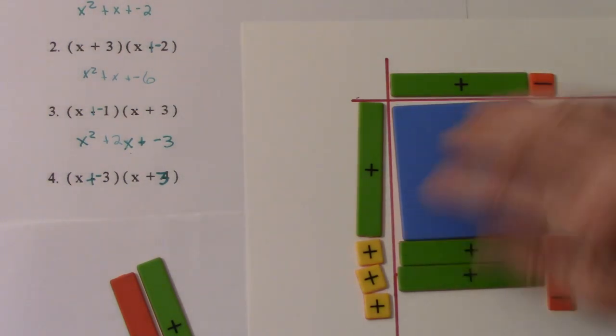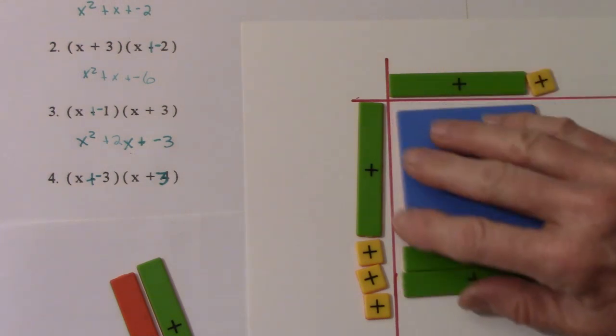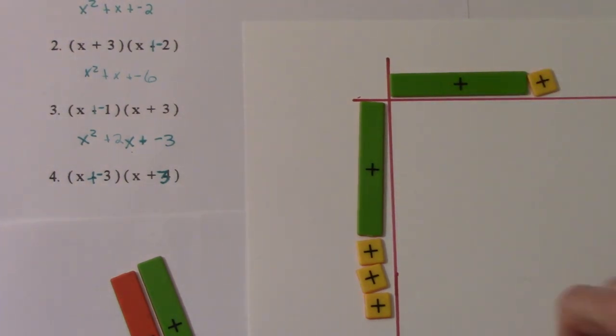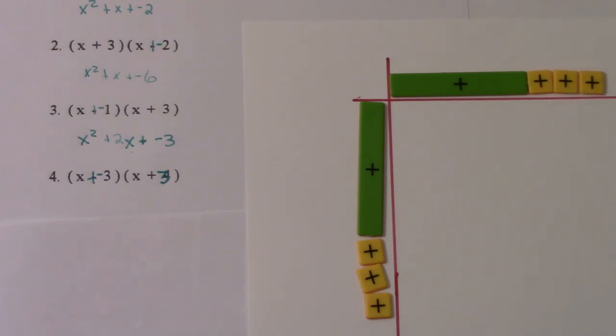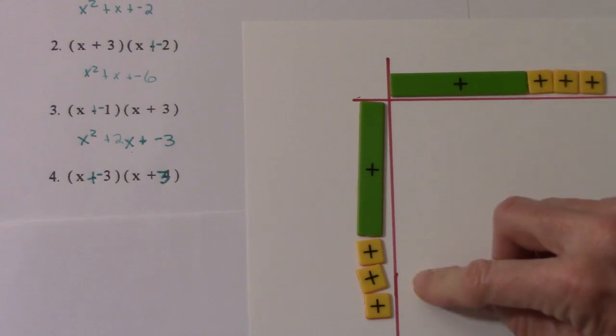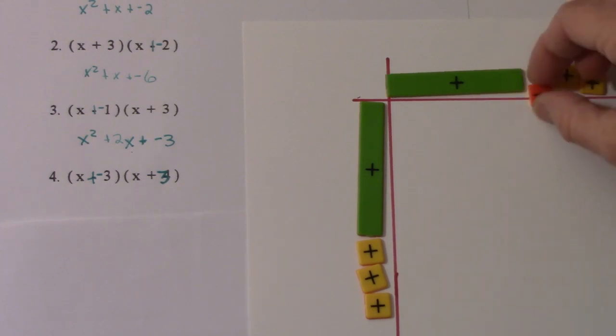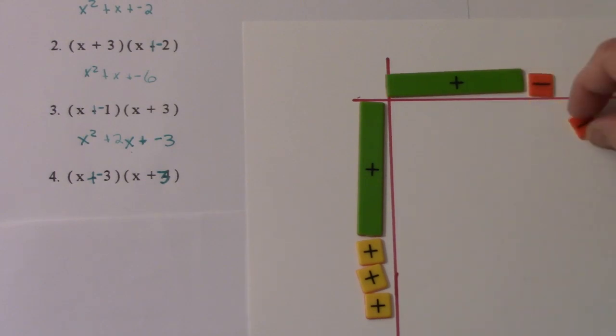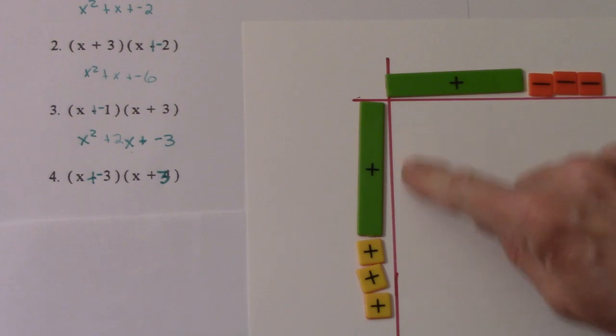And let's see what happens. Oops, it should be x minus 3. So I have x minus 3 times x plus 3.